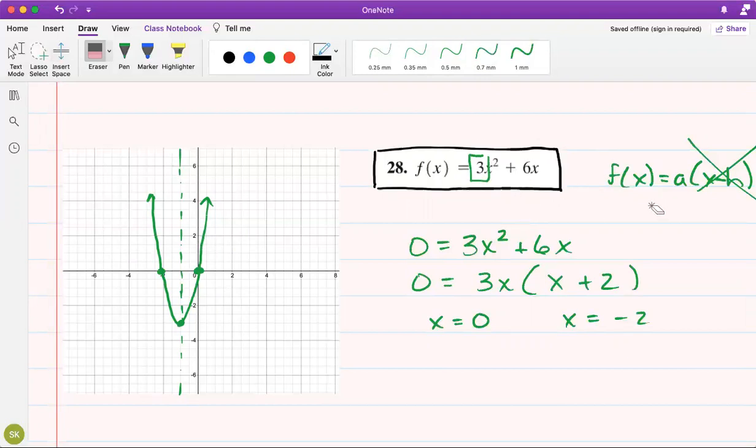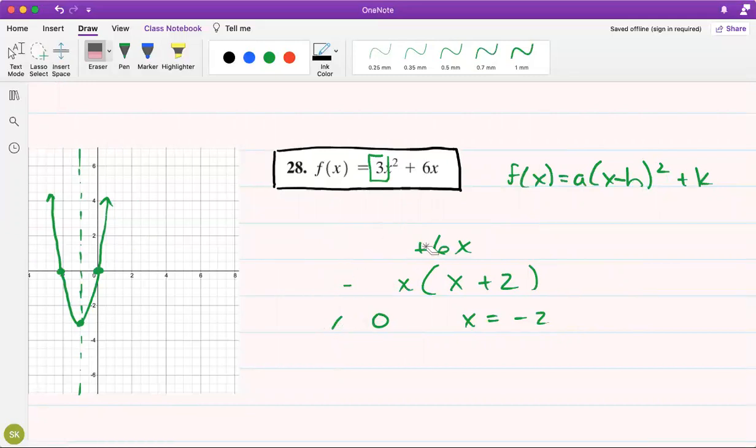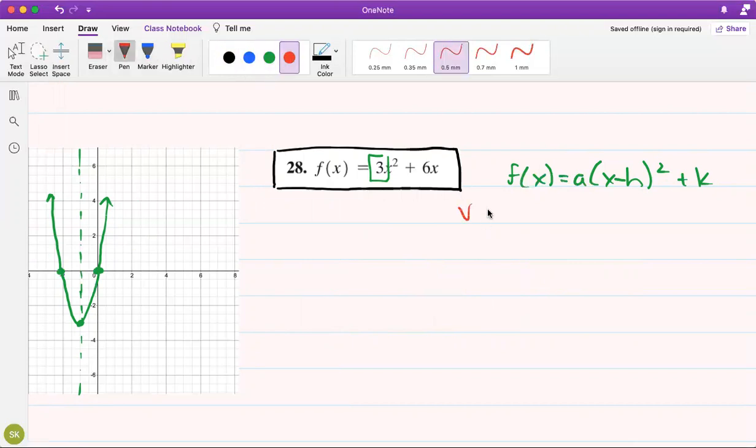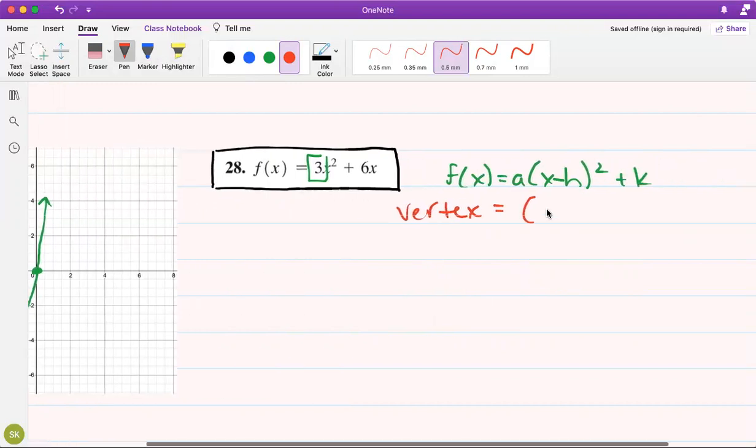How can we put this into this form? Actually, this is very easy. Now that we know the vertex we said was (negative 1, negative 3), this is h, this is k, and remember this is a here.